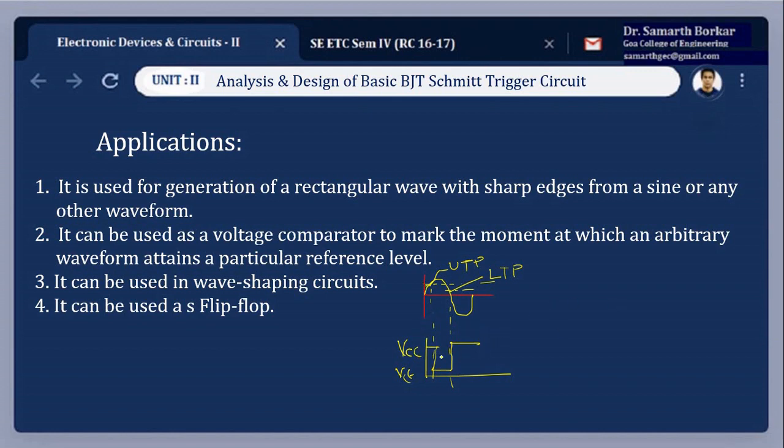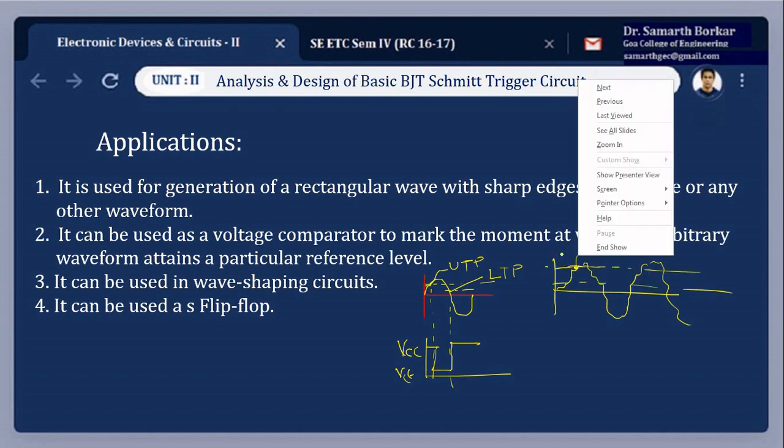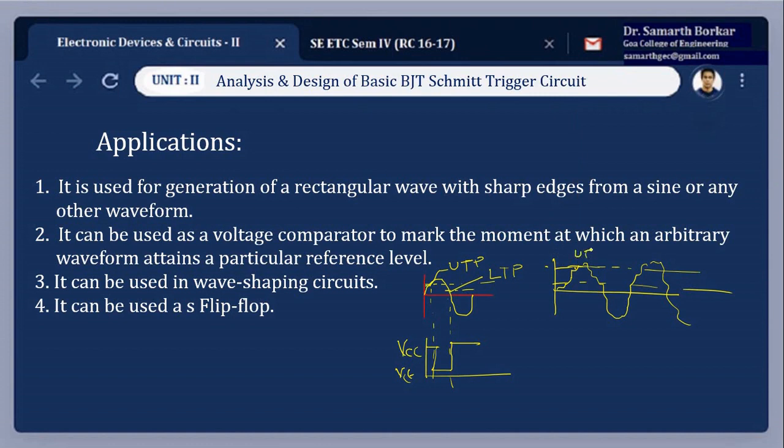Now this is for a sinusoidal signal. We can get this type of comparator signal even for any random signal. Like for example, I am having this kind of signal. So we have to set the reference level. Mark this as the upper trigger point and this as the lower trigger point. So this is the incoming signal.